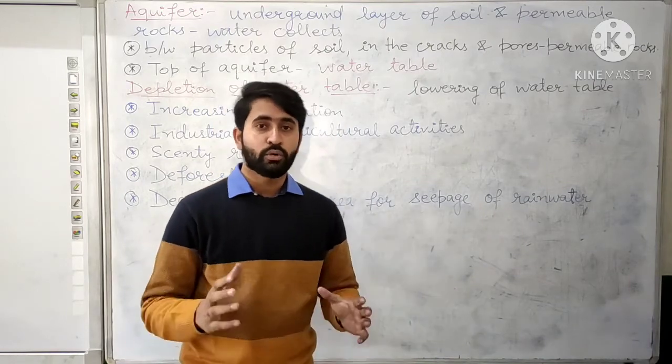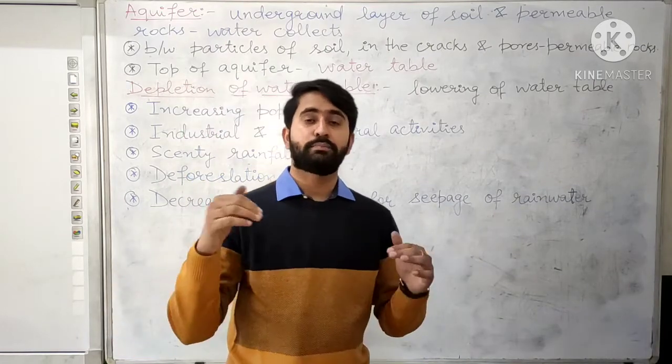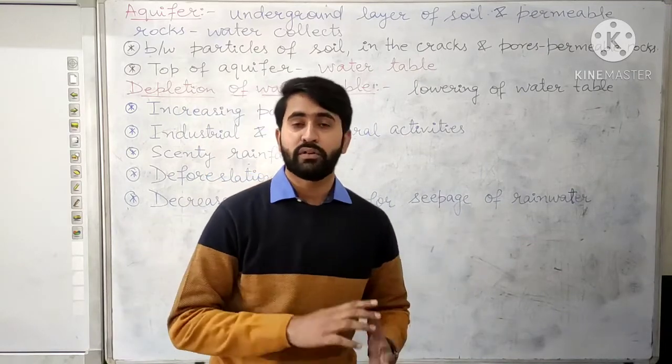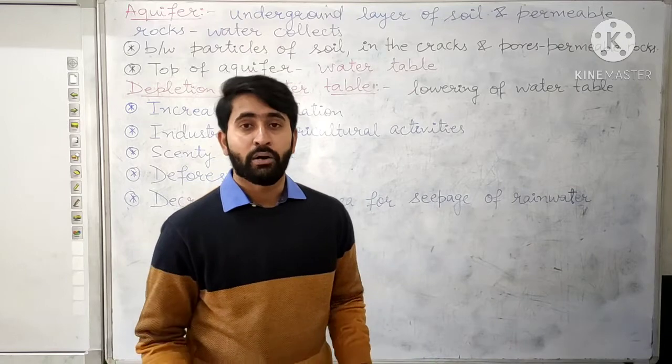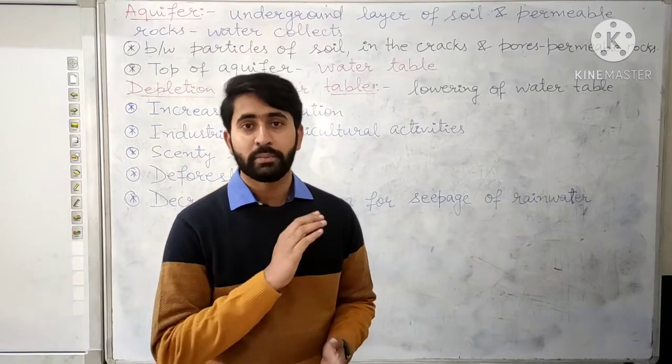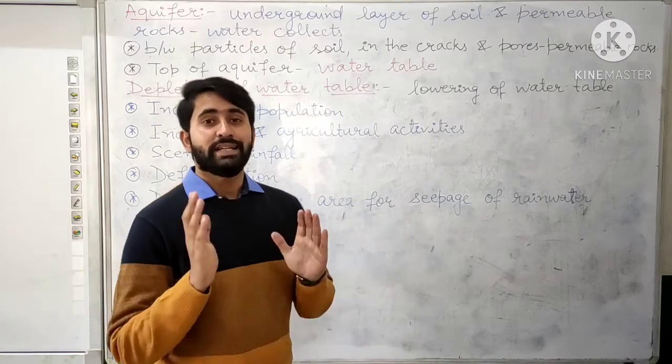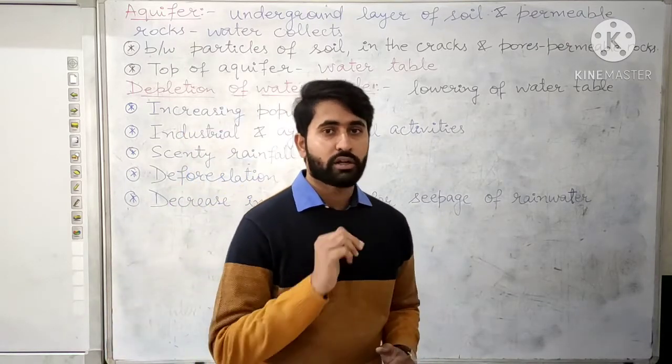Water used by most of the industries is pumped out from the ground. Now with the increase in the number of industries, the amount of water that is pumped out from the ground is also increasing, which leads to the depletion of water table.